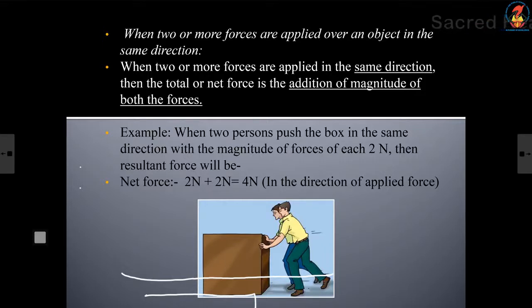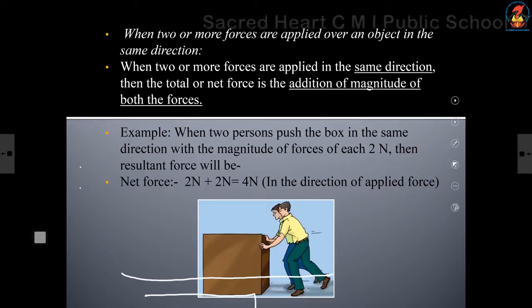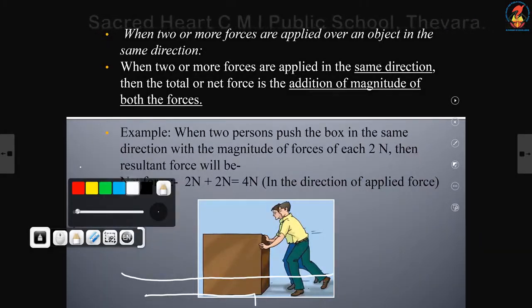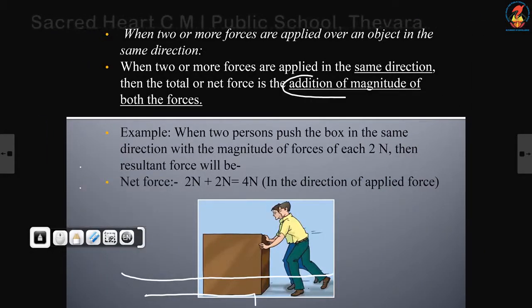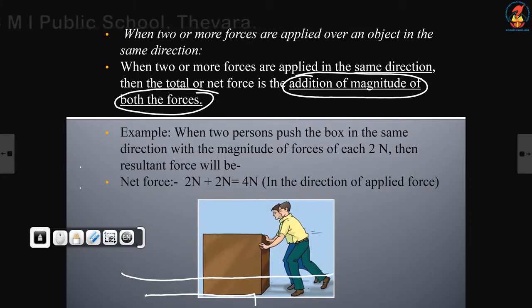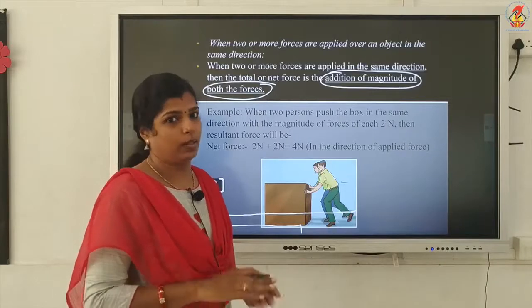When two forces are applied in the same direction, the net force can be calculated by the addition of the magnitudes of both forces. Means if two forces are acting in the same direction, we need to add them.